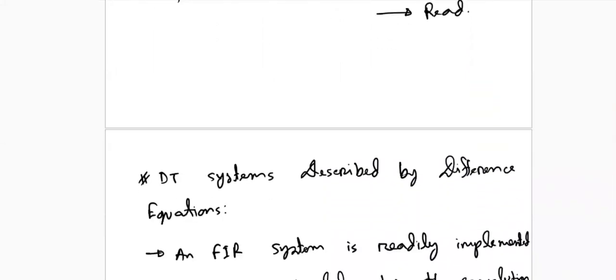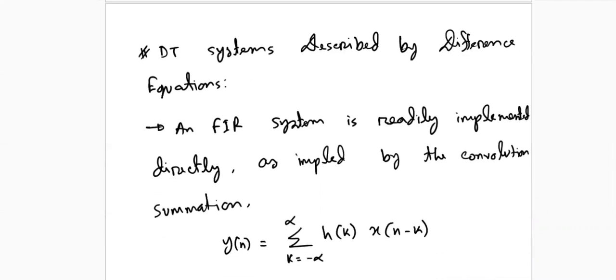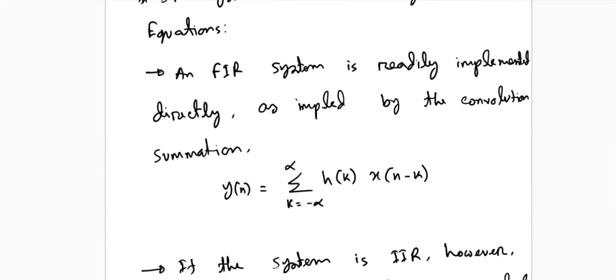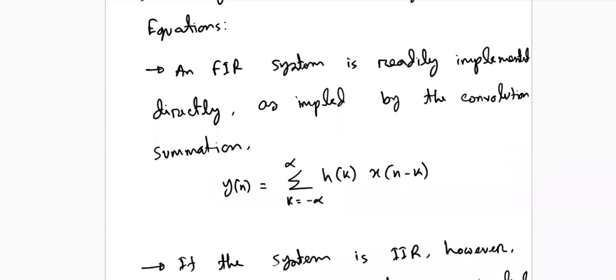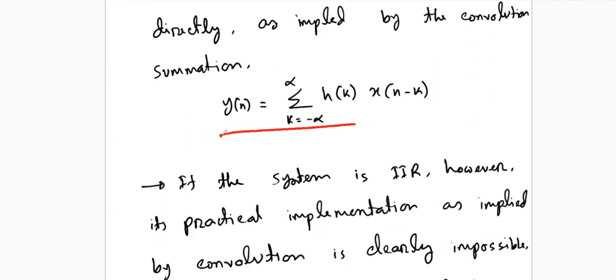The discrete time system described by the difference equation. This is the title. An FIR system is readily implementable directly as implied by the convolution sum, as we have already mentioned. If this is the convolution sum, and if this is the finite duration value, of course you can readily implement the convolution sum.